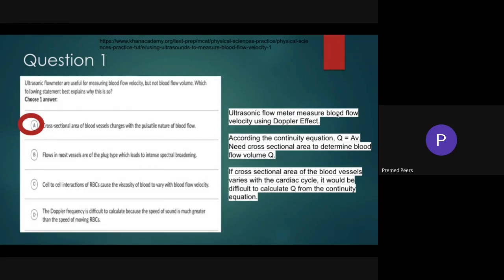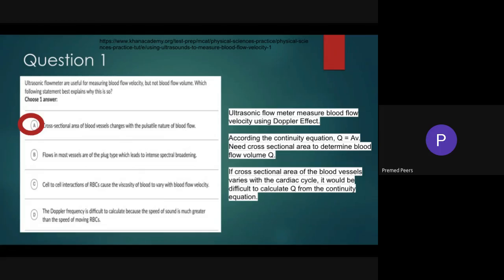So ultrasonic flow measures blood flow. The continuity equation links Q, which is blood flow volume, to A, the area of the blood vessel, and to V, which is blood flow velocity. So we need cross-sectional area to determine blood flow volume, but if the A isn't constant, then it makes it harder to calculate Q from the continuity equation.